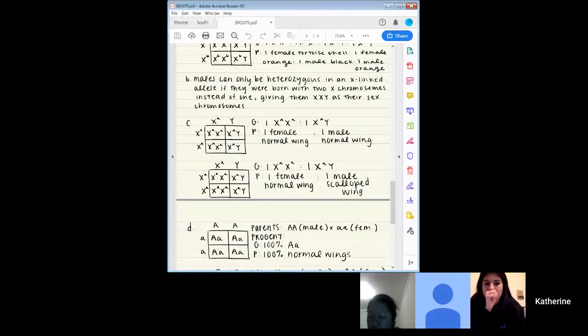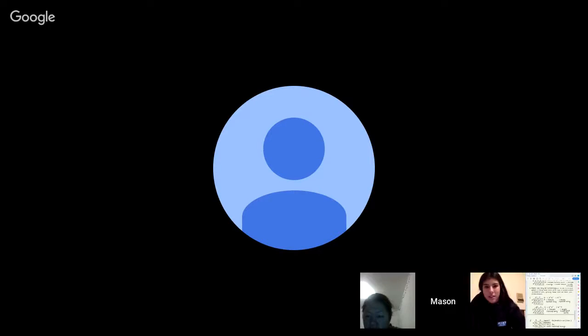So reciprocal crosses are the ones where you flip the gender and the genotype, right? Those are kind of confusing too. I don't remember. I think you definitely flip the, what was it, male and female?